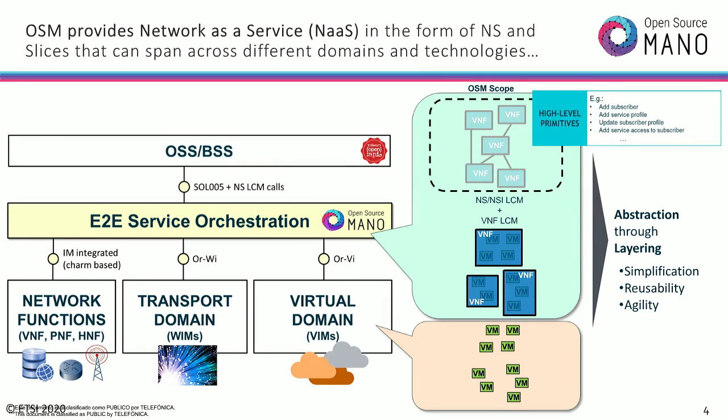And that type of network can be in 2 forms. It can be a network service, that's a well-known concept from ETSI NFV, but also being able to create those networks as a service as network slices.